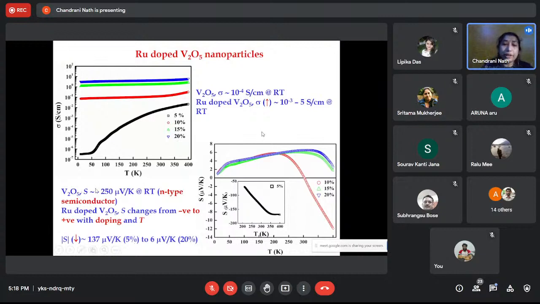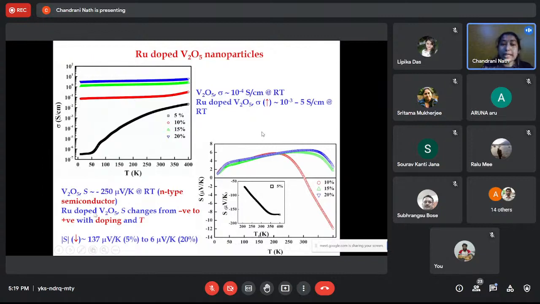Here again there is a very interesting observation with S, the thermal power. For V2O5, thermal power is usually negative, about minus 250 microvolt per Kelvin. As I've already said, the sign lets us know what type of carriers take part in the conduction mechanism, so this is an n-type semiconductor.